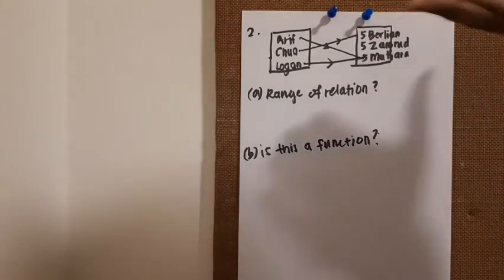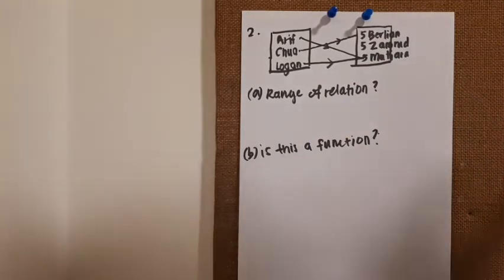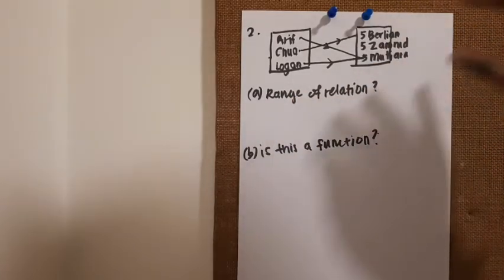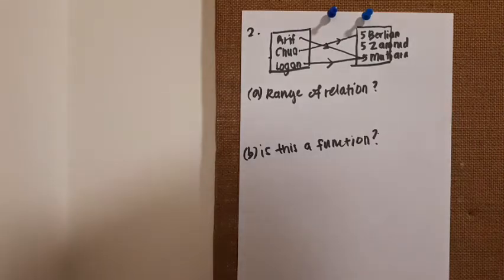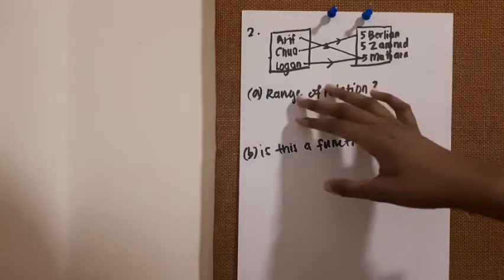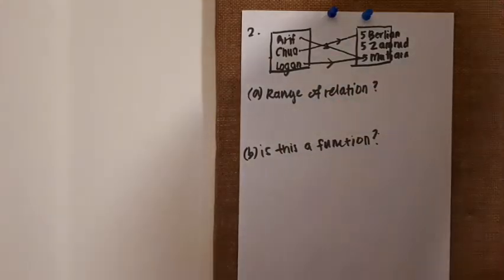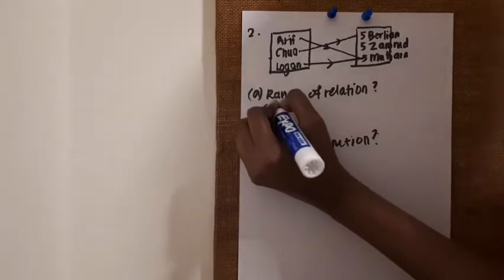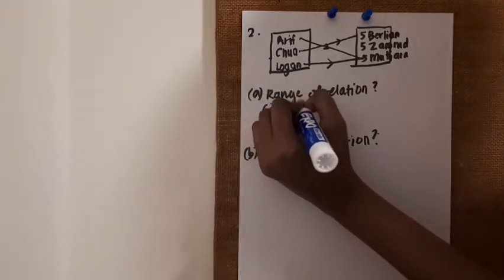It says the range of relation. As we have already discussed earlier, the range is taken from the codomain, and the range is the one which is involved in the mapping.